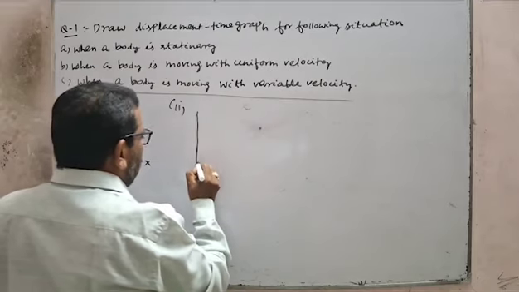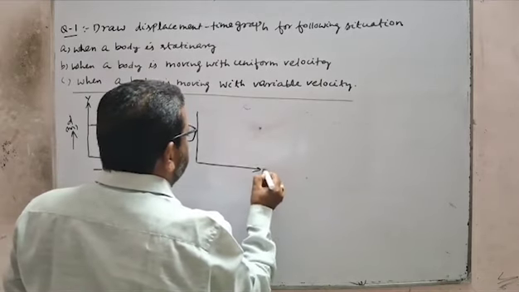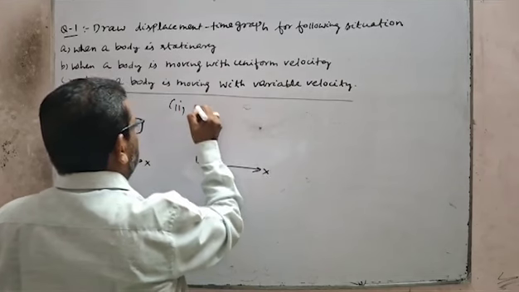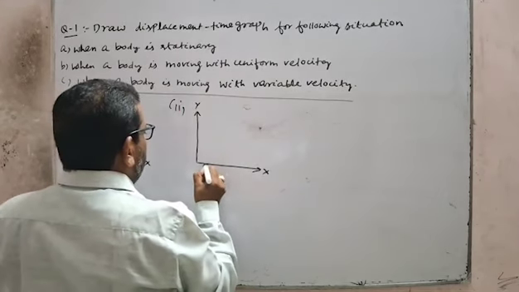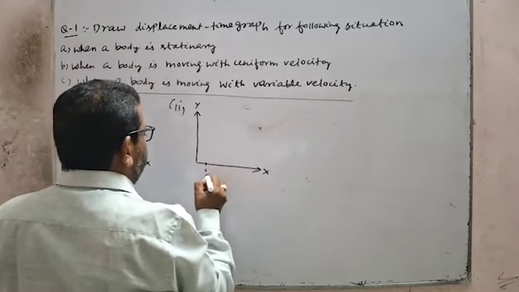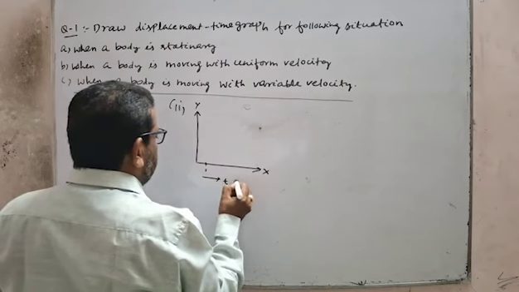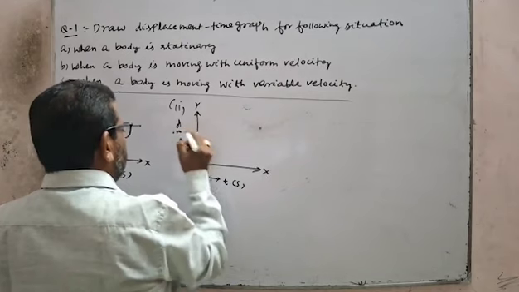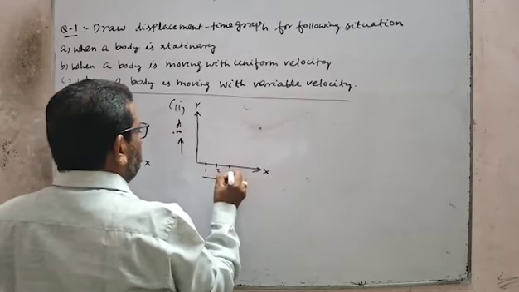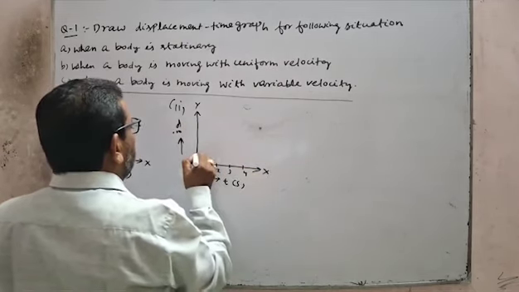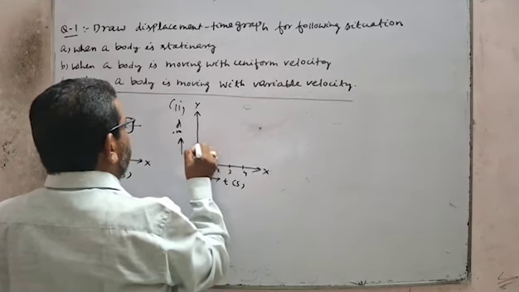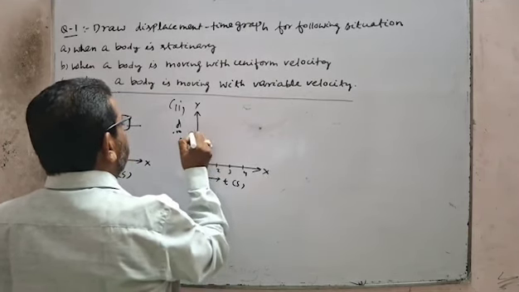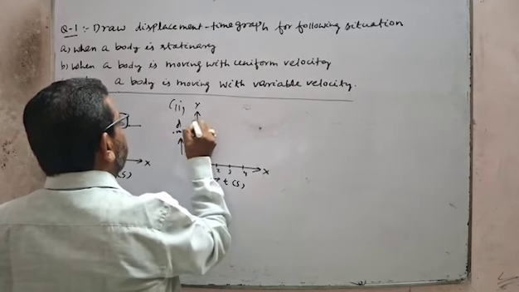That means the body is in uniform motion also. If we take time along the x-axis and distance along the y-axis, 1, 2, 3, 4 seconds, and here 5 meter, 10 meter, 15 meter, 20 meter.